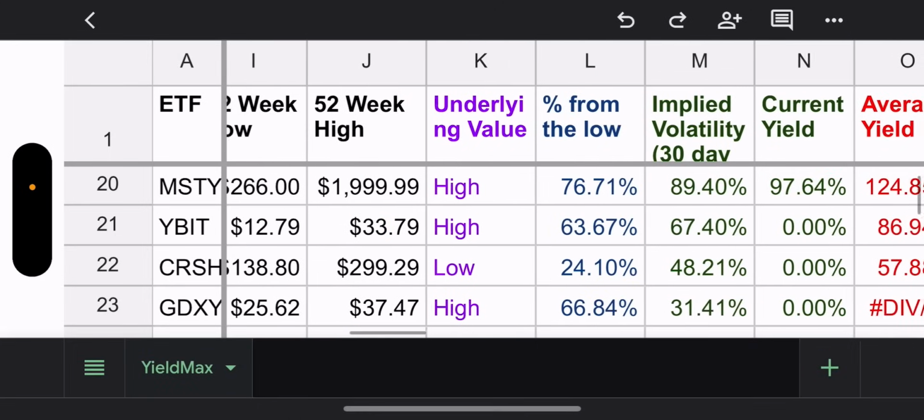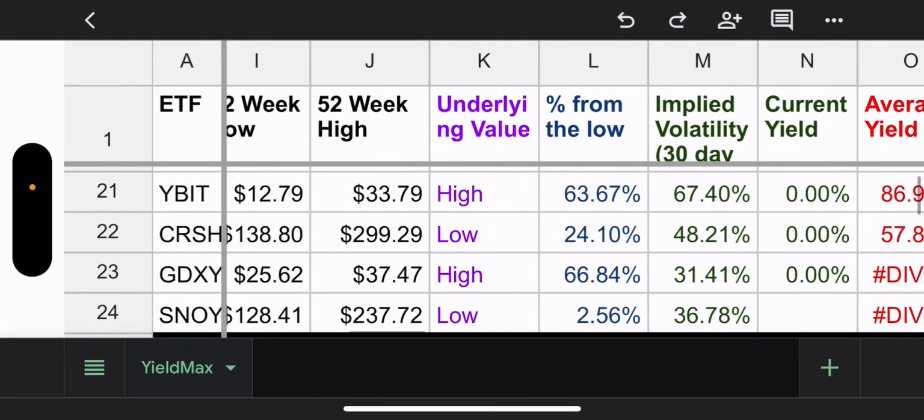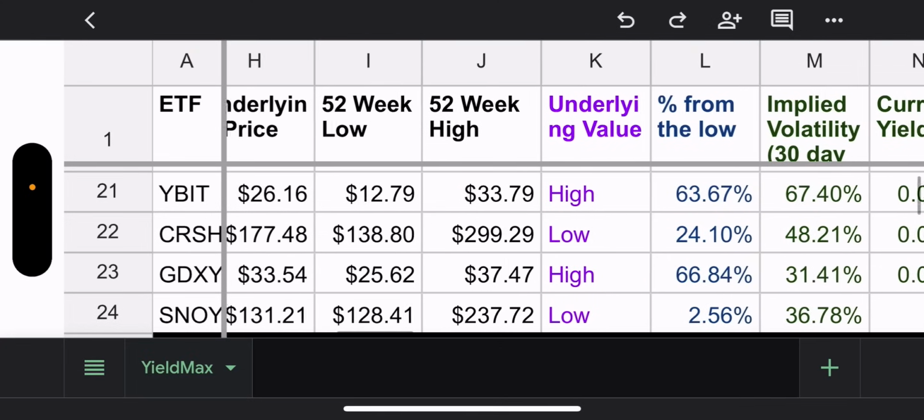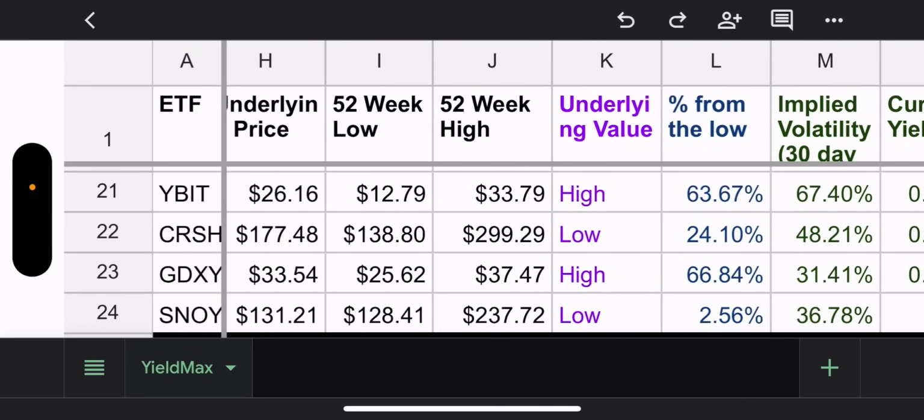One thing I always used to cover here is the underlying value. So are there currently any ETFs that invest in an underlying that is near the 52-week low? And if there is, maybe there's a possibility that your actual capital could go up. So SNOI is actually really close to the low.